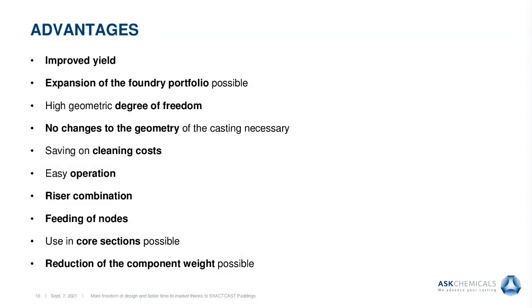Therefore, you can reduce the total weight of your components dramatically, and so you can also help your customer and the designer because they're always looking for savings of weight in their components and in their castings.